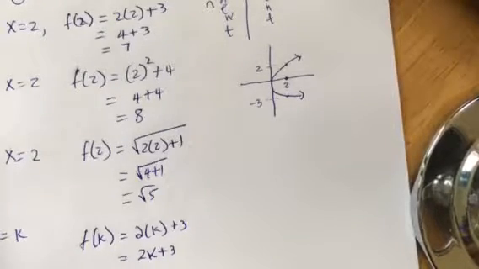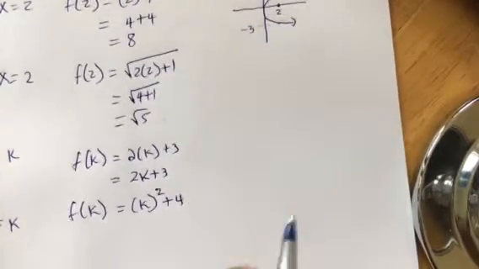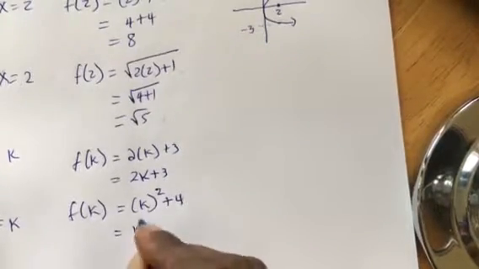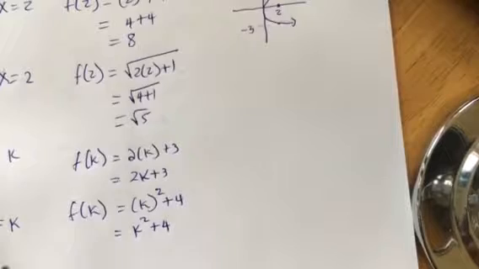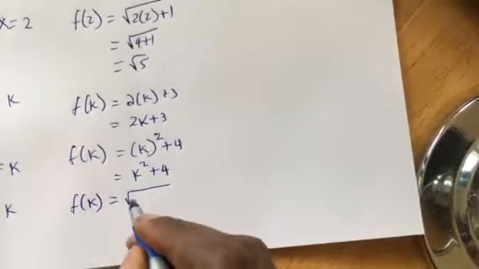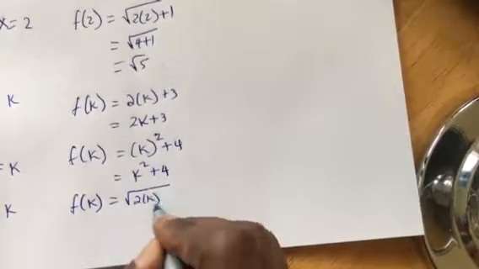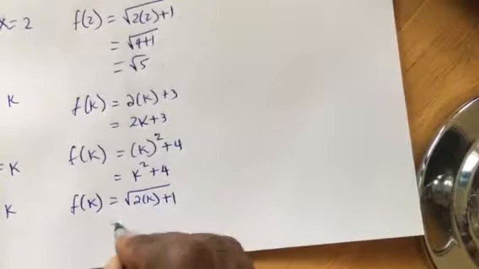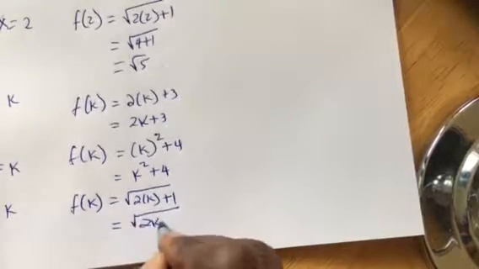If we evaluate for the second one, that would be f of k equals k squared plus 4, sorry about that, which gives you k squared plus 4. And if we do it for the third one, this would be f of k equals square root of 2k plus 1, which gives you square root of 2k plus 1.